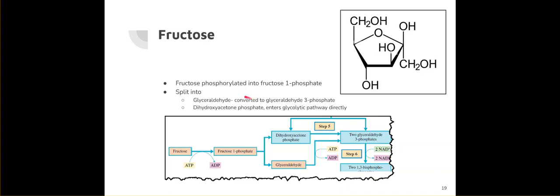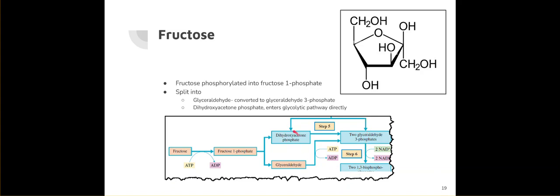And then fructose, here's a fructose. It gets phosphorylated into fructose 1-phosphate, and then it will be split into dihydroxyacetone phosphate and glyceraldehyde. And then glyceraldehyde can be converted to glyceraldehyde 3-phosphate. That's part of that glycolysis chain.